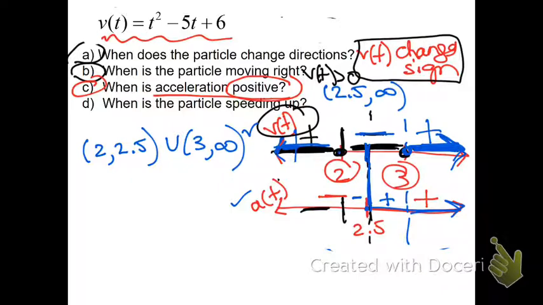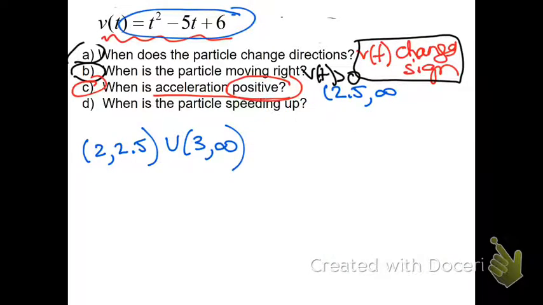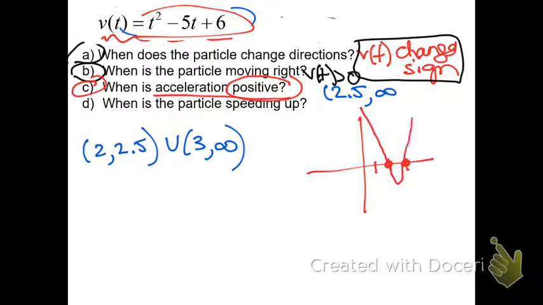Now, why is that our answer? If you know that this is a parabola, let me show you what that graph looks like. Remember, we already found when this equaled 0. So if we were to have graphed it, it's a positive parabola that crosses the x-axis at 2 and 3. This graph would go like this. I might not have it perfect.